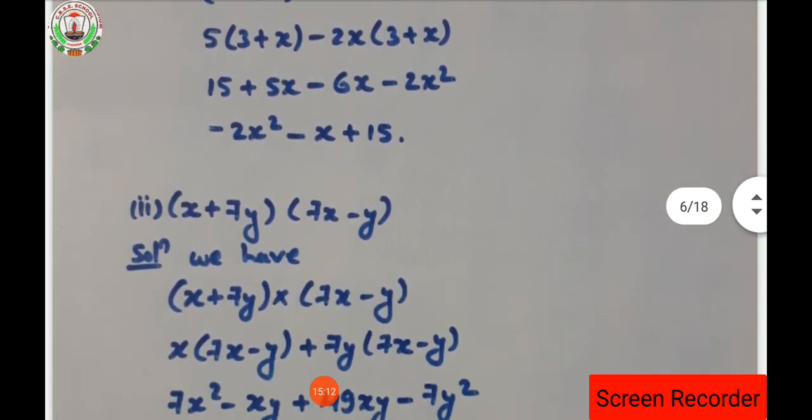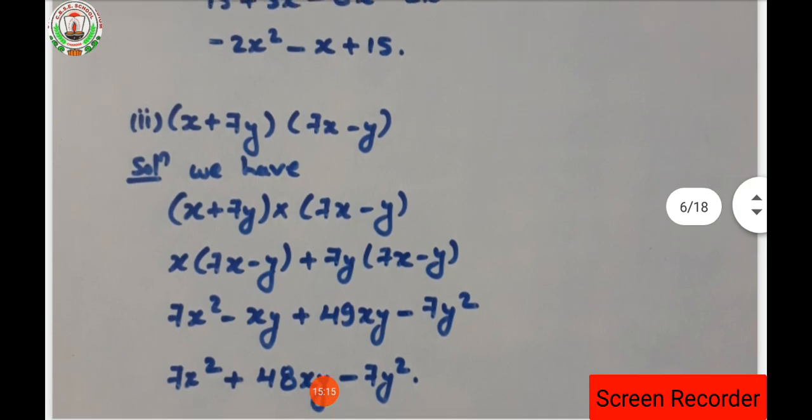Understood, everyone? In the same way, the next one is the second: x plus 7y into 7x minus y. So x is going to multiply with 7x minus y, as well as plus 7y is going to multiply with 7x minus y. So x into 7x will be 7x square, x into minus y will be minus xy, plus 7y into 7x will be 49xy.